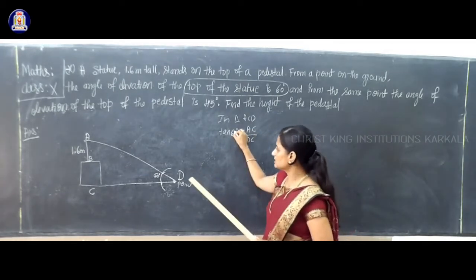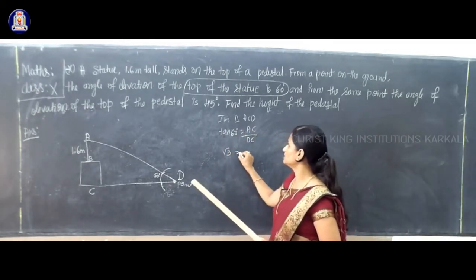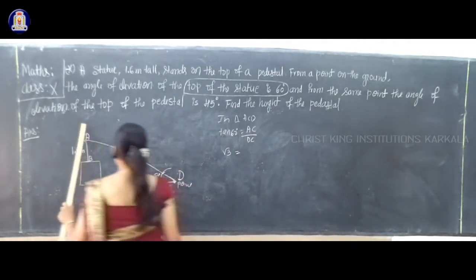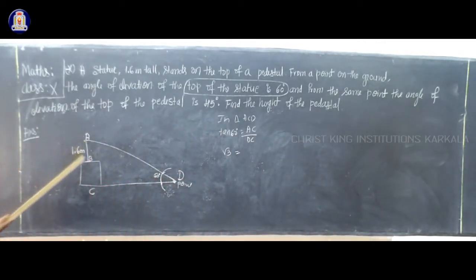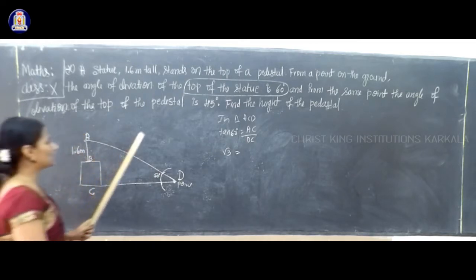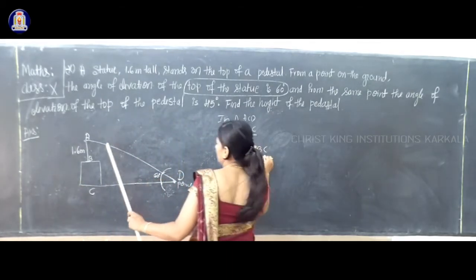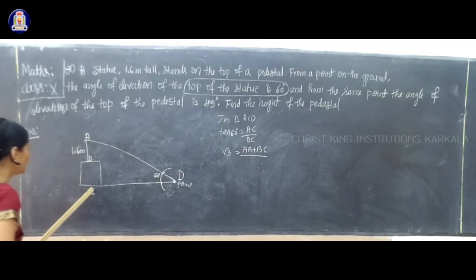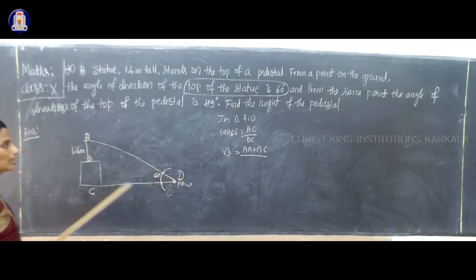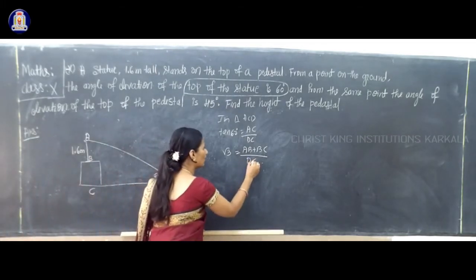What is tan 60? Root 3 is equal to AC over DC. What is the length of AC? It is not given. In between AC there is a point B, right? So we can write this as AB plus BC, and CD is not given, so let it be DC.